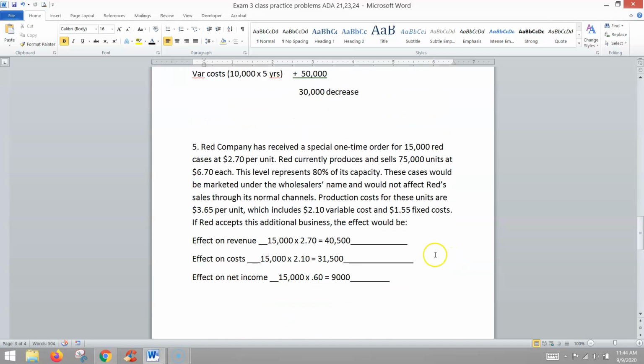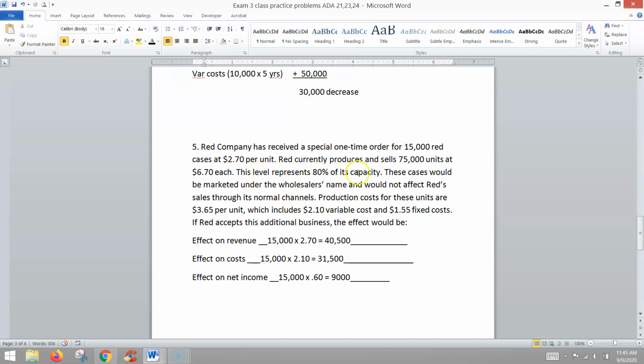The next problem: Red Company has received a special one-time order for 15,000 Red cases at $270 per unit. Red currently produces and sells 75,000 units at $670 each. This level represents 80% of its capacity.